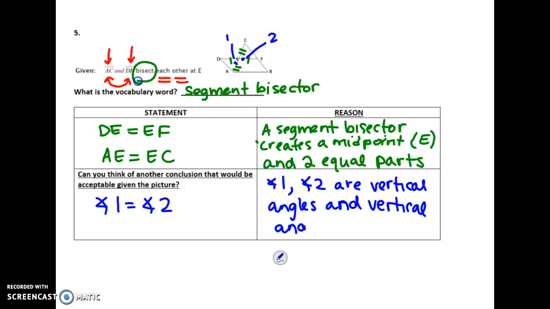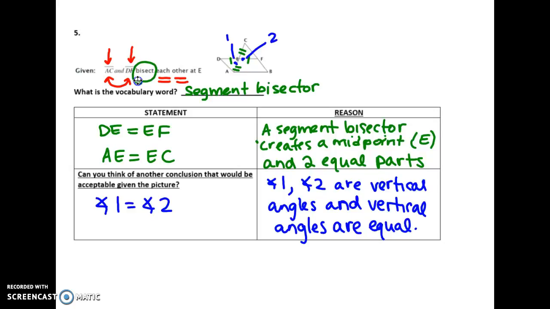You should be able to come up with something from the picture, even if the vocabulary words are not there. So not everybody will have the same second box in their proofs. If you need to pause the video to make sure that you have all this, do that right now.